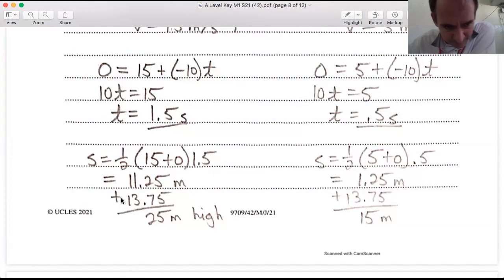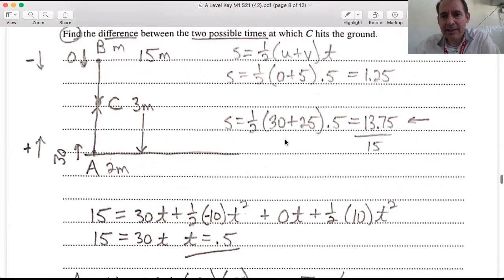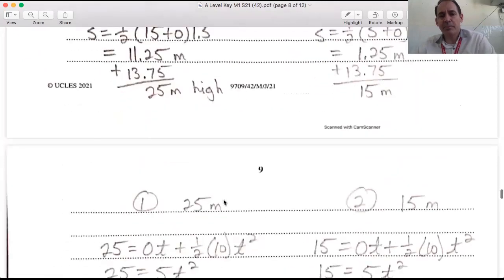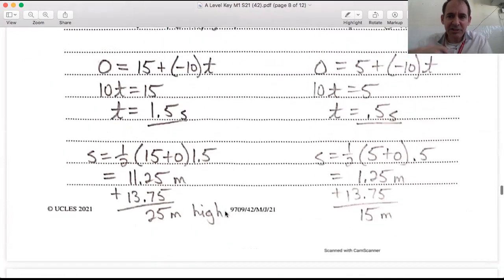So that means this scenario 1 coalesced object went back up 11.25 meters after they collided, plus the original height at which they collided. Remember, they collided at 13.75 meters from the ground. Then because of the momentum, it continued up another 11.25 meters. So it's now at 25 meters high.